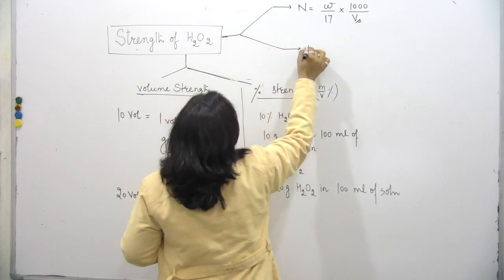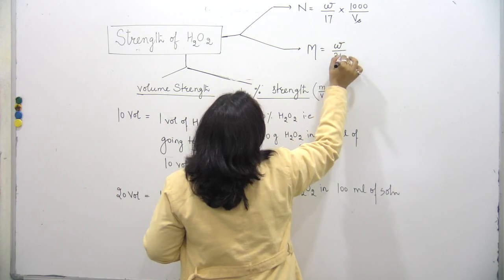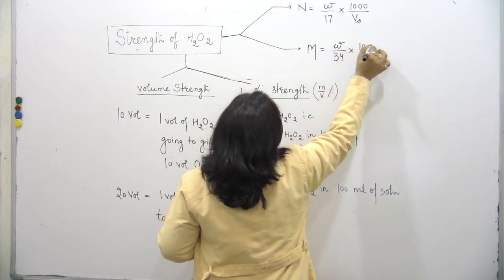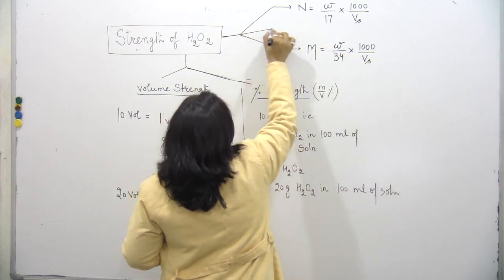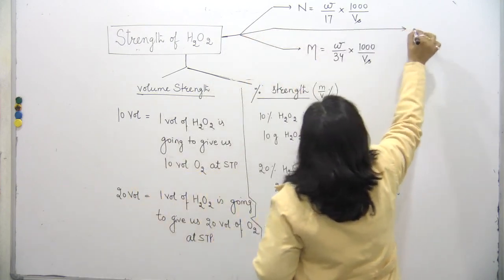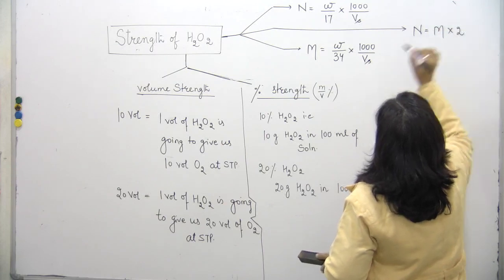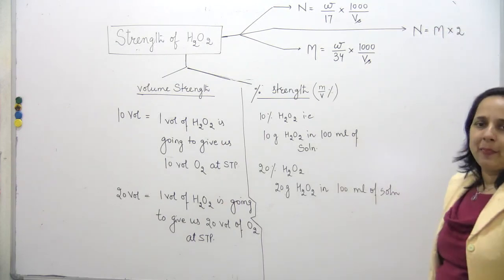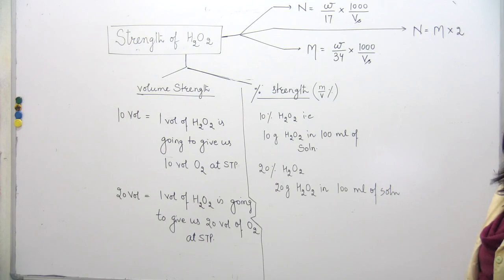And molarity is going to be weight of hydrogen peroxide by 34 into 1000 upon volume of solution. We can say that normality and molarity are related. Normality is molarity into 2 for hydrogen peroxide. Is it clear? Molecular mass of H2O2 is 34. Equivalent mass is 17. Normality and molarity formulas must be clear to you.